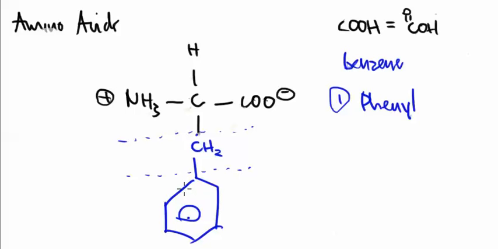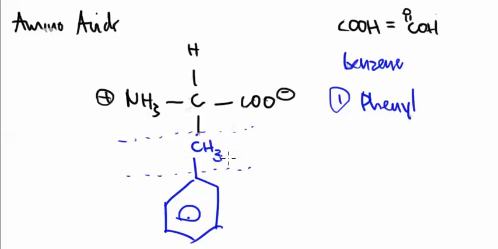Well, the reason is because we are starting with a group name for the amino acid. And we understand that if this was CH3 here, and we forget about the benzene ring down below, the amino acid that I have drawn with just a CH3 group there is called alanine, right?